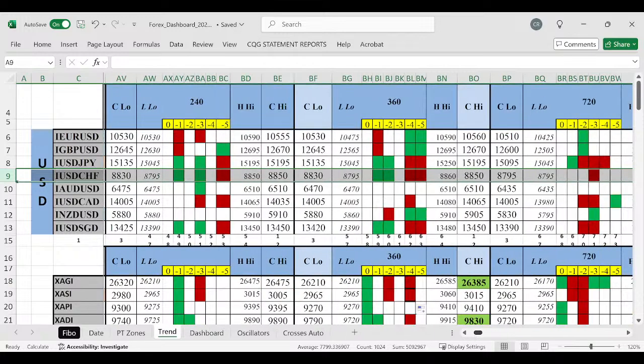We have a 360 which is up, but this is just an extension, it's not an uptrend.